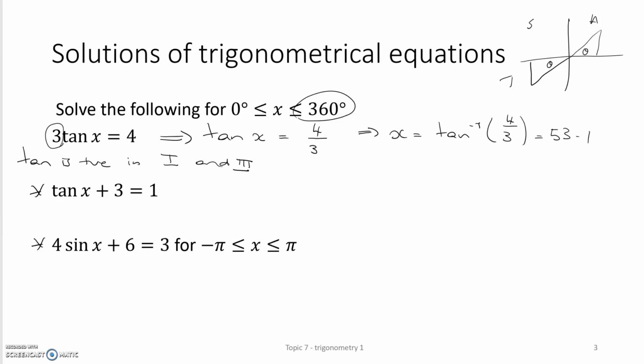Now to find the proper name of 53.1, so that little angle in there is 53.1, but we need to find its name, and its name will be 180 plus 53.1. So x will equal 180 plus 53.1, which is 233.1 degrees. So we need to remember so many things here: the identities, the quadrants, etc.